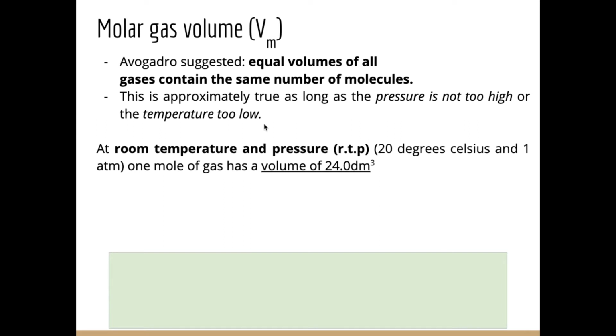What is this volume that they will have the same number of molecules? At room temperature and pressure, RTP, which is 20 degrees Celsius and 1 atmosphere of pressure, 1 mole of any gas will have a volume of 24.0 decimeters cubed.